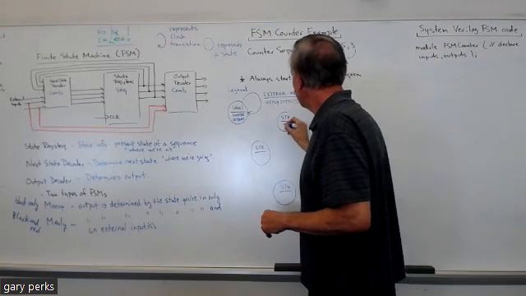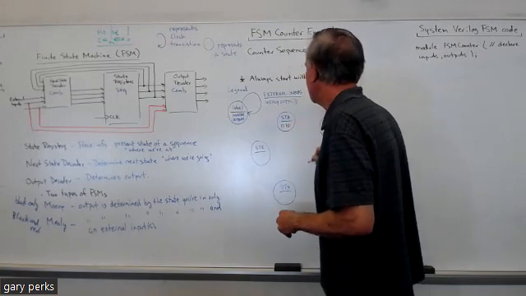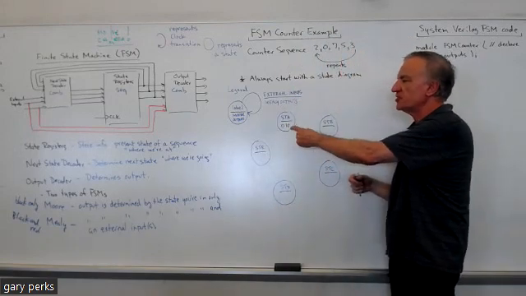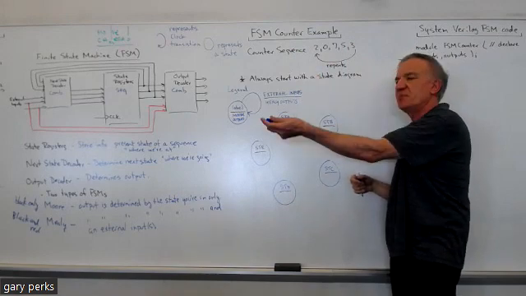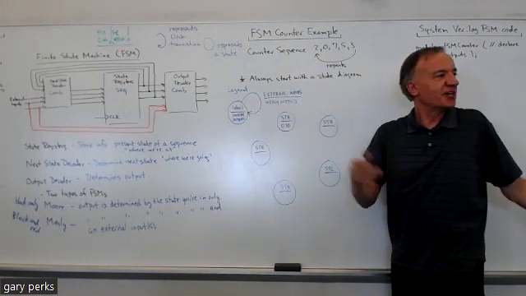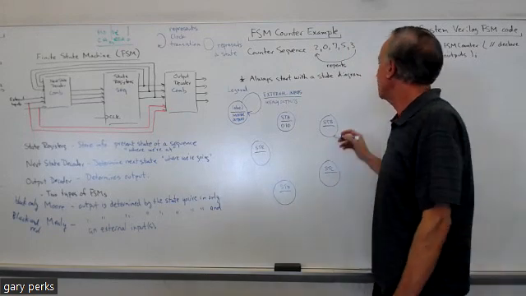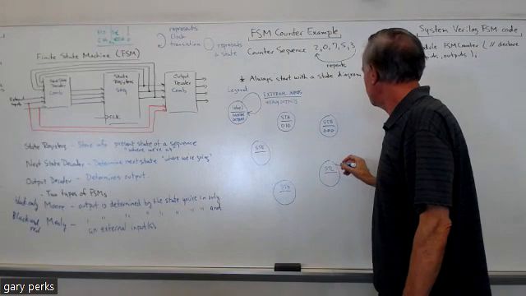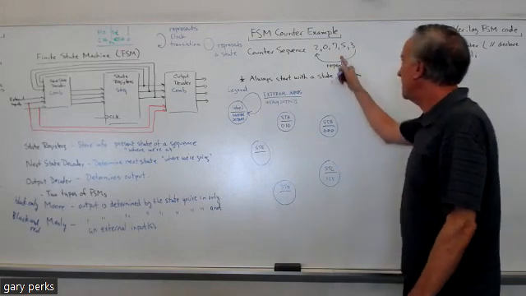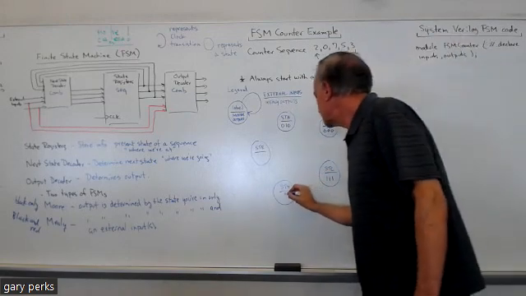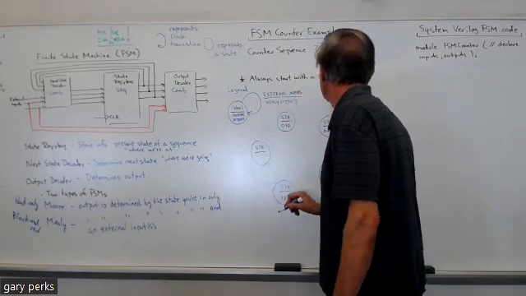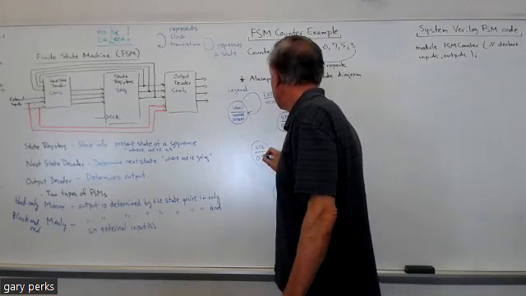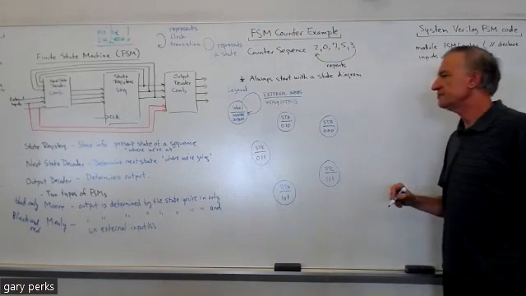I could have chosen another format if you wanted, but I just decided on binary. Then state C has 7, so 111, state D at 5, and state E at 3.